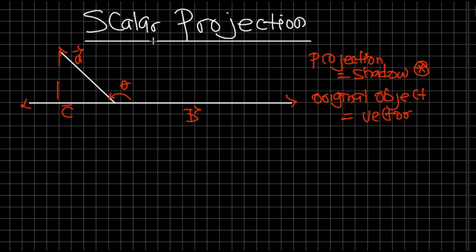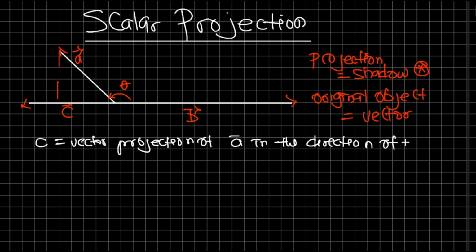So in this diagram, vector C is the vector projection of vector A in the direction of B. So here C equals the vector projection of A in the direction of B. If we take the magnitude of C, it is called the scalar projection.